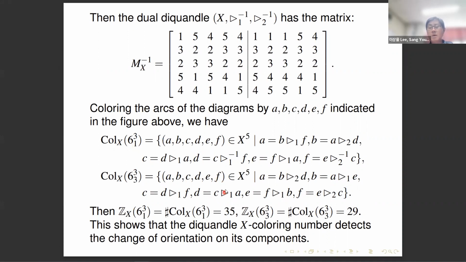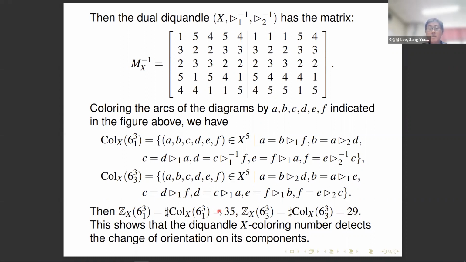Actually, each crossing gives this identity, as usual in the quandle or biquandle case. Then the number of elements of this set is 35, and the number of elements of this set is 29.